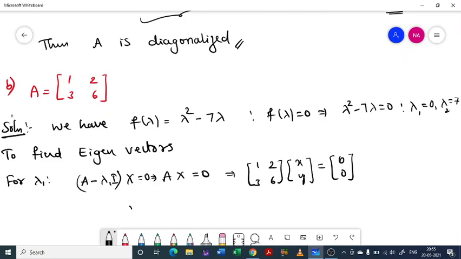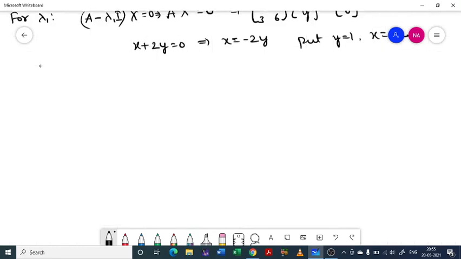So that gives you x plus 2y equal to 0, which implies x equal to minus 2y. Put y equal to 1, then x will be minus 2. Therefore X1 is minus 2 1 transpose.